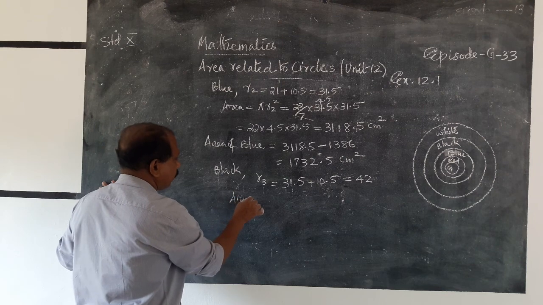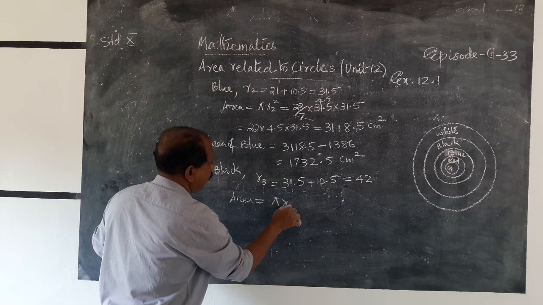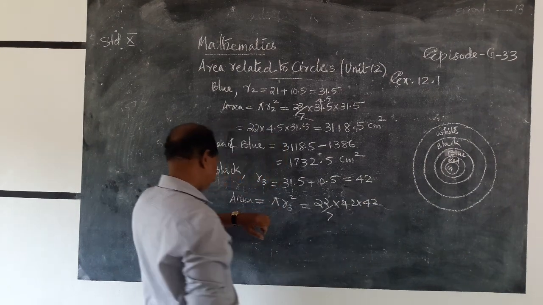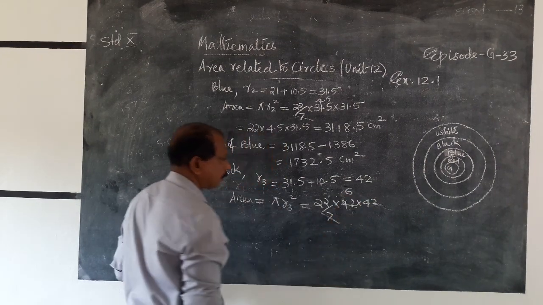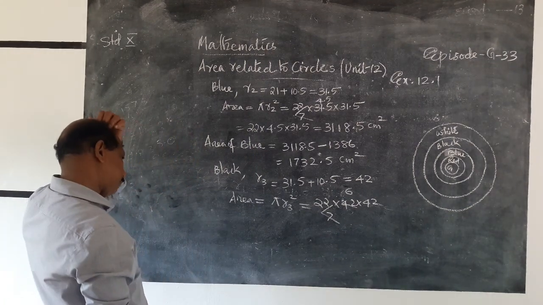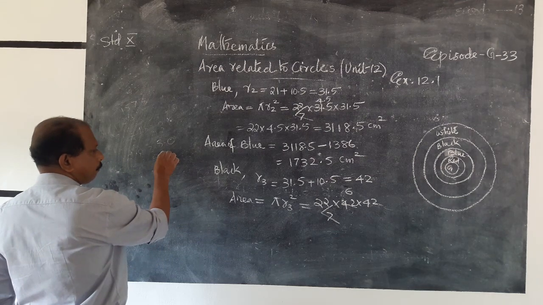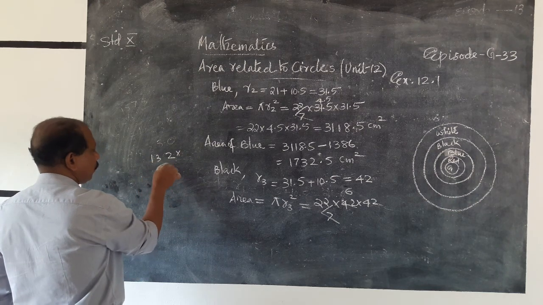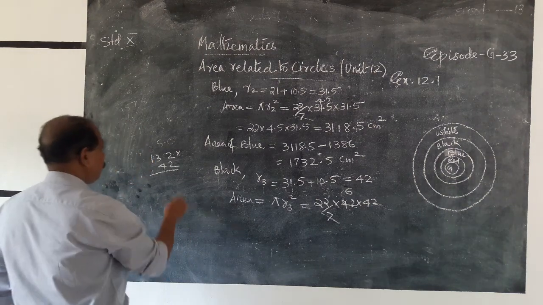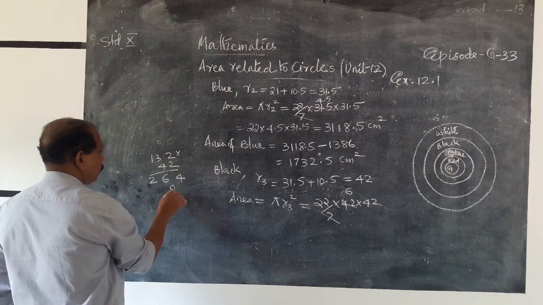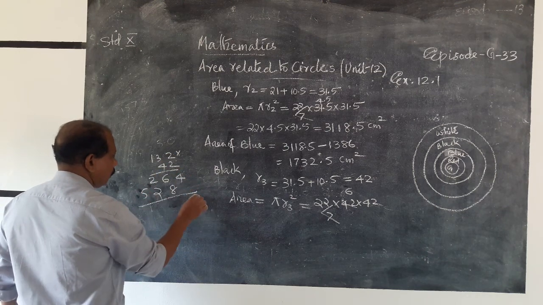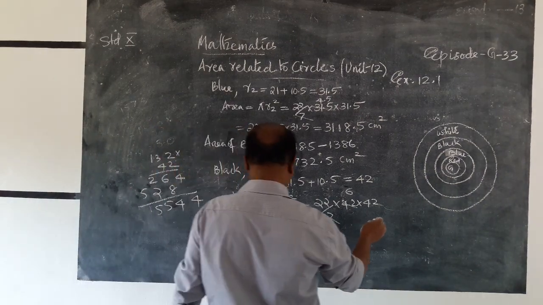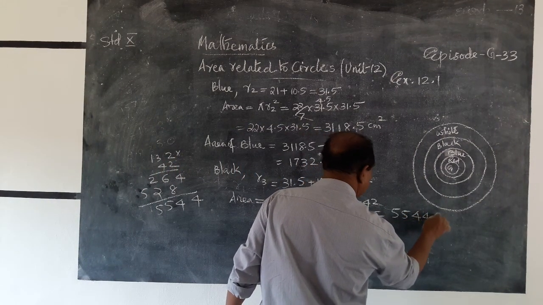Therefore, area is equal to pi r3 square, which is 22 by 7 into 42 into 42, which is equal to 5544 centimeters square.